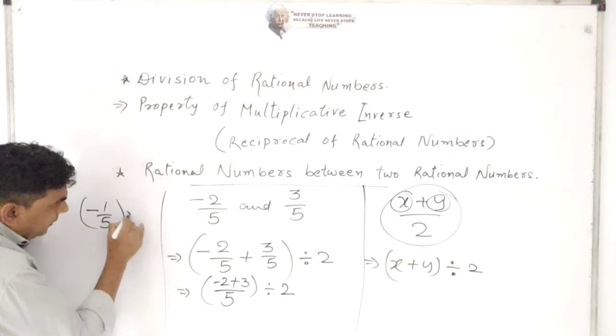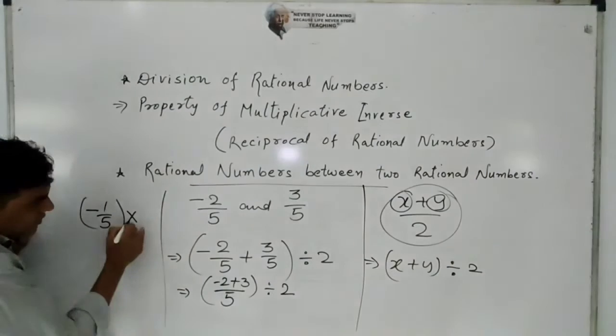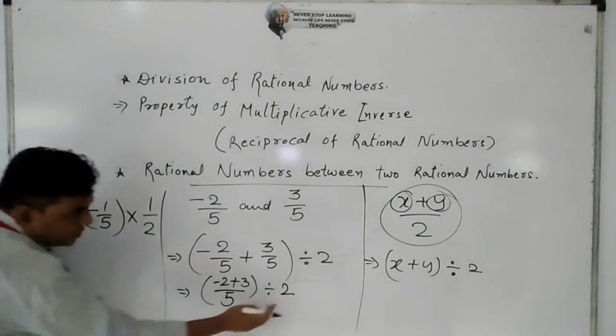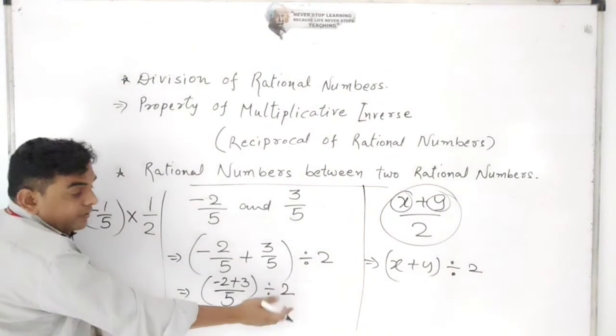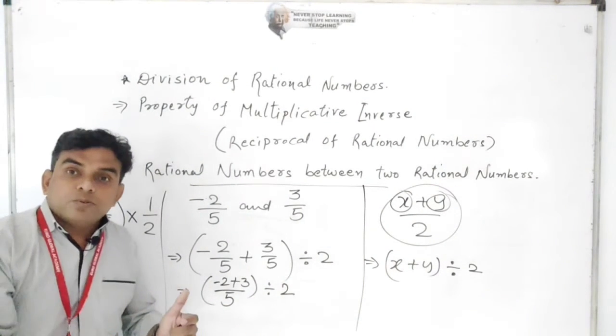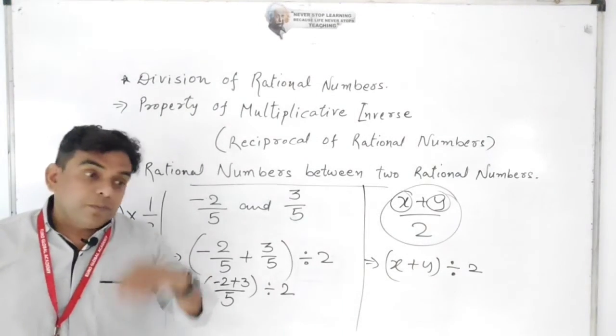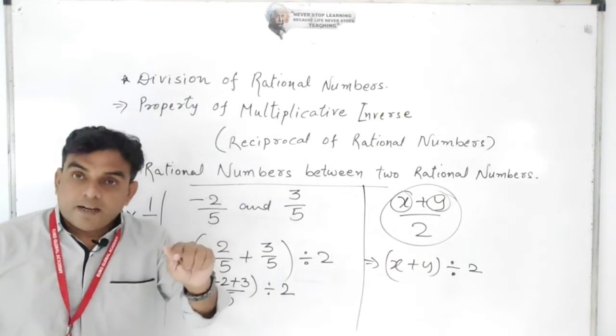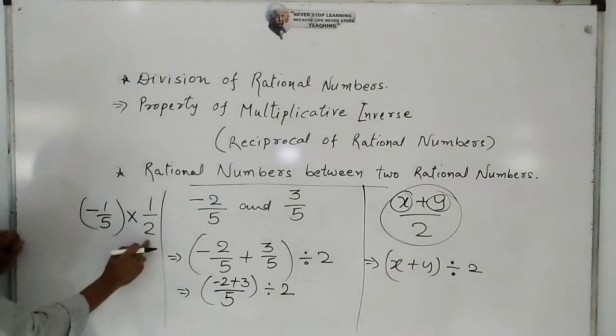This is division. Whenever you do it with multiplication, it will be the multiplicative inverse, 1 upon 2. The reciprocal of 2 is 1 by 2, the reciprocal of 5 is 1 by 5, the reciprocal of 6 is 1 by 6. So here the reciprocal of 2 is this.